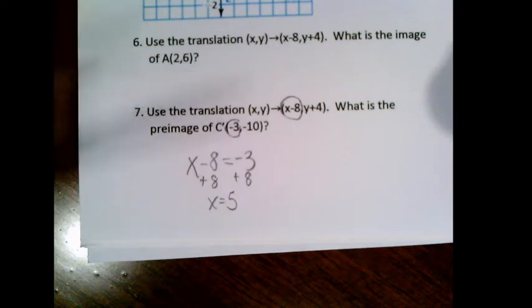So why don't you guys that are watching and listening set up the second one? You can type your equation into the comment section. What would you do with the y? How would you set that up?